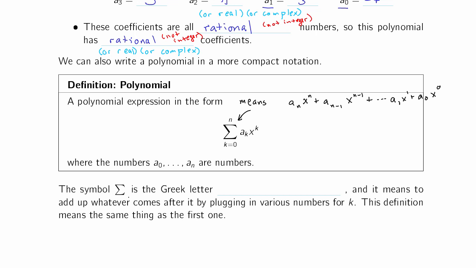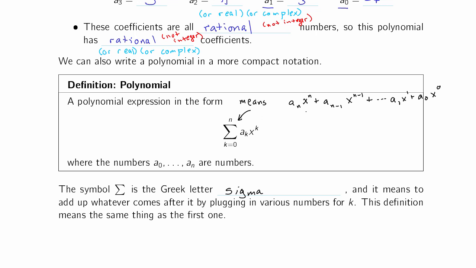This symbol, this funky looking E thing, is the Greek letter sigma. The sigma makes the S sound. S stands for sum. So this sigma notation means to add up all of the things that we get by plugging in the different k's.